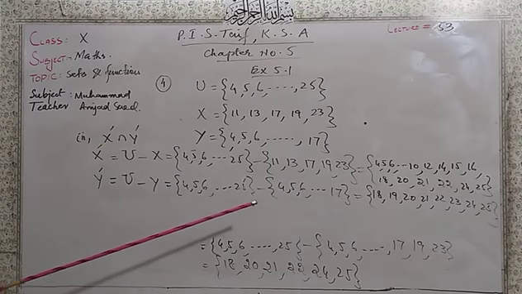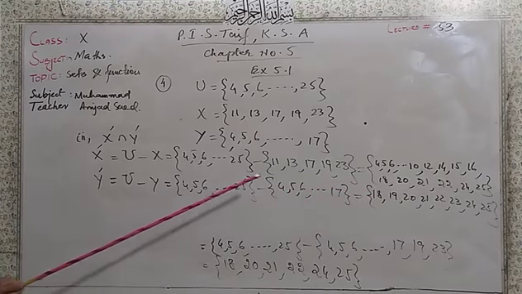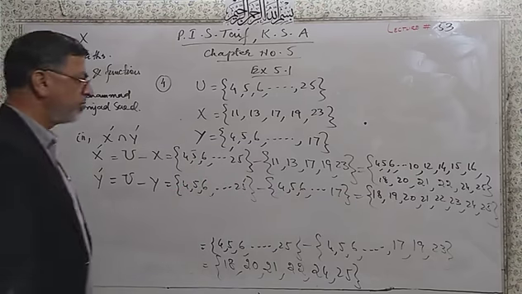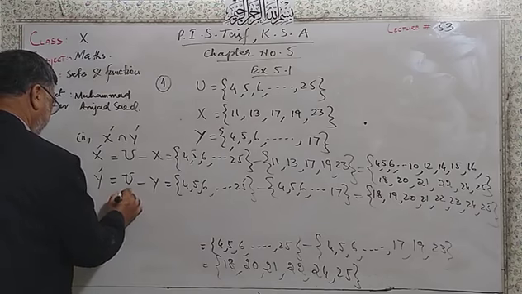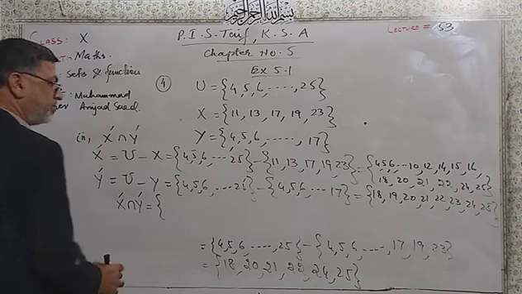So we have 18 and up to 25. They are present here in universal and not here. After that, we will take X complement intersection Y complement.